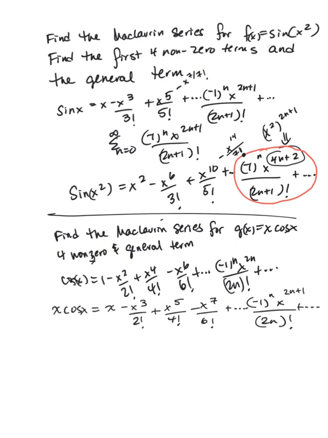All right. I need to go to the next page for this one. So we're going to do the Maclaurin series for e to the x plus e to the negative x divided by 2. Okay, so e to the x is just 1 plus x plus x squared over 2 factorial, x cubed over 3 factorial, yada, yada, yada, right?